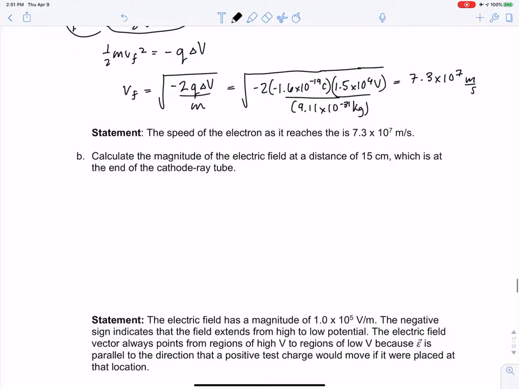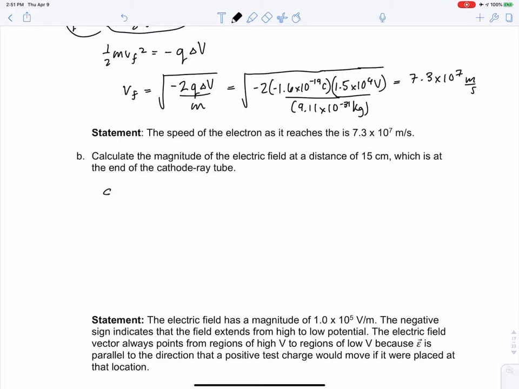In part B, we want to calculate the magnitude of the electric field at a distance of 15 centimeters, which is at the end of the cathode ray tube.